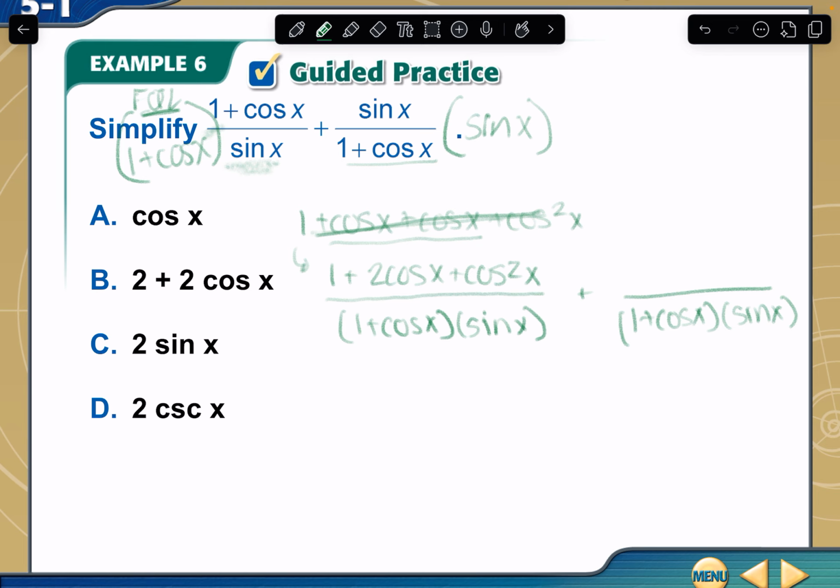Then in my numerator, I would have sine x times sine x, which is going to give me sine squared x. So right now, I just multiplied everything. I've done nothing else. Combining them together, so just rewriting it as one whole fraction.